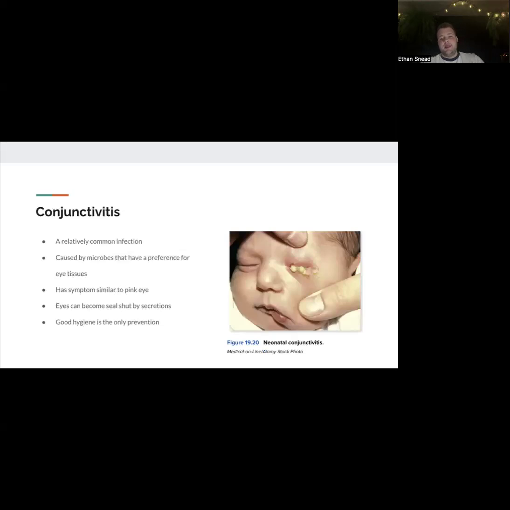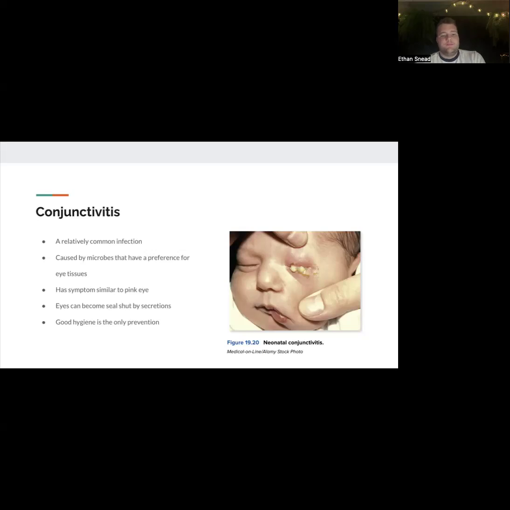And the first one we're going to get to is conjunctivitis. This is an infection of the conjunctiva, a relatively common infection, and it's caused by microbes that have a preference for eye tissues.